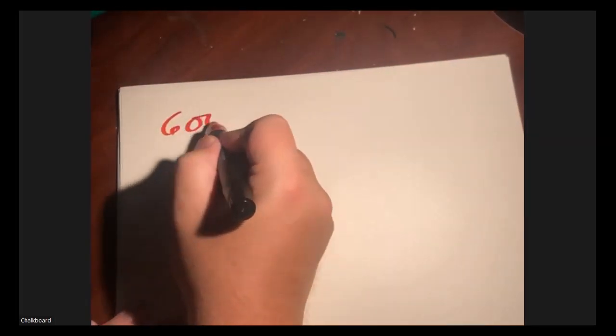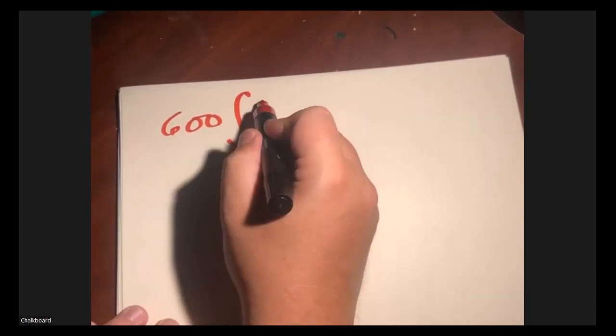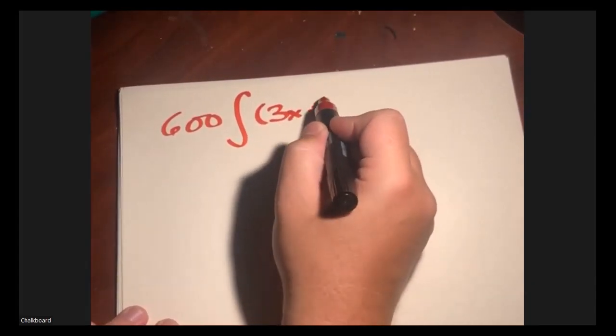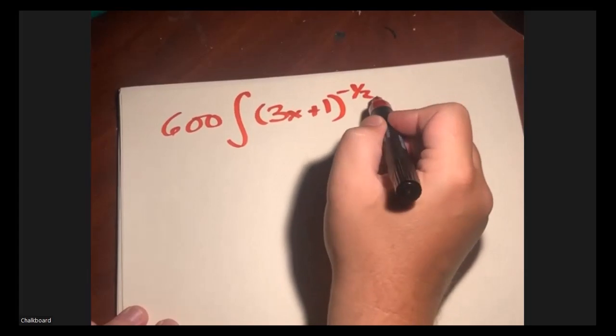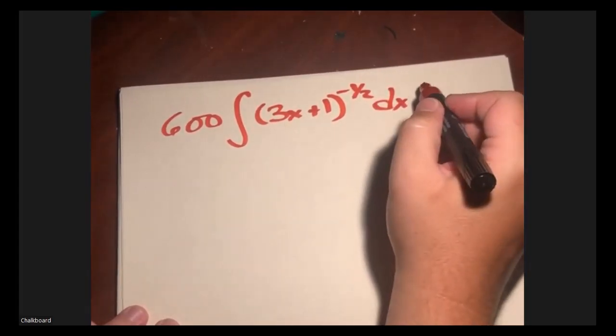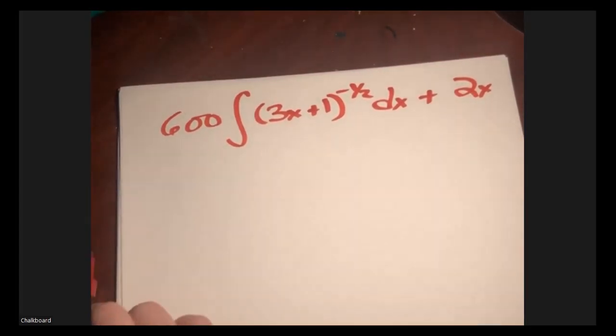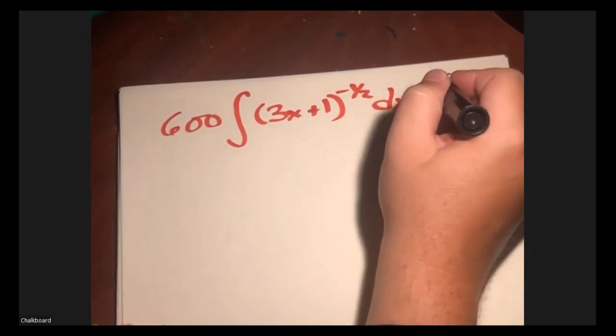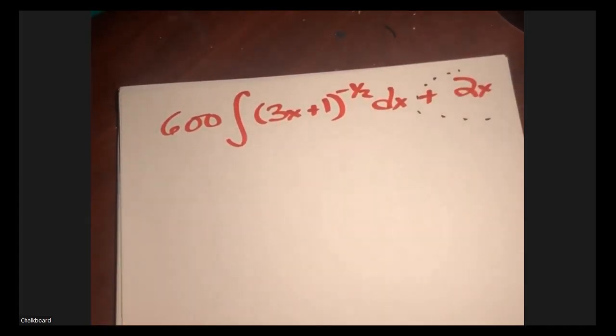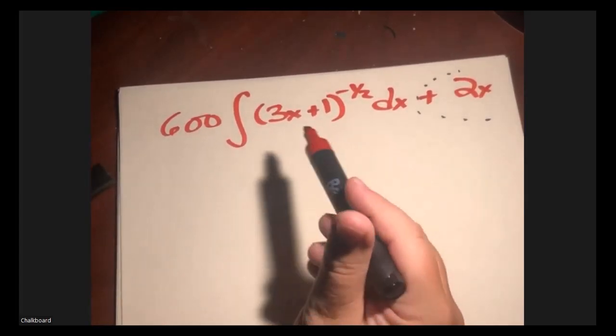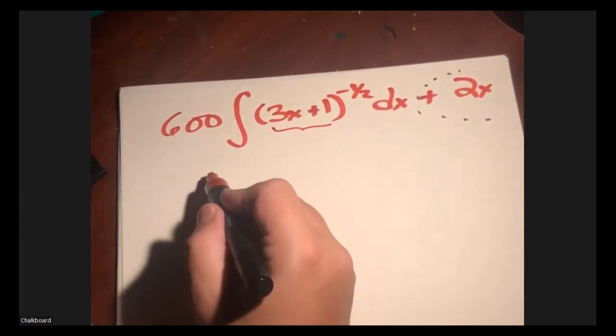For the first one, we have 600 times the integral of (3x plus 1) to the -1/2 dx. By the way, we also have plus 2x later on because we did the integral of 2 dx. I'm just going to put a little bubble around that, all right? So let's let u equal what's in here.